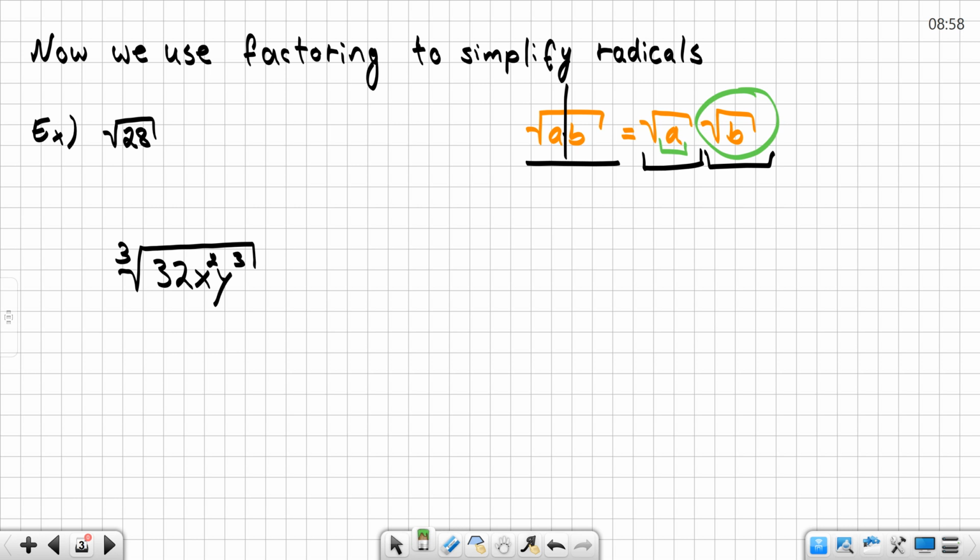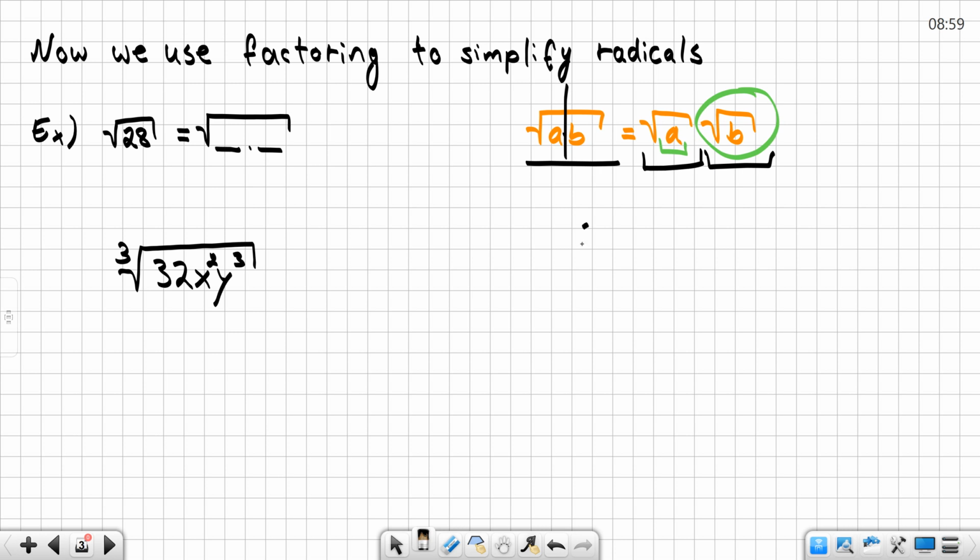Let me demonstrate here with this example. We have here the square root of 28. Now, what I'm trying to do is, I'm looking for two numbers whose product is 28, but one of the numbers has to be a perfect square.